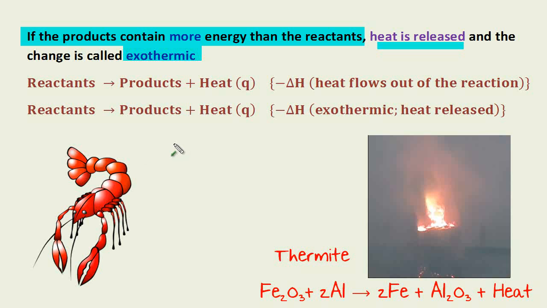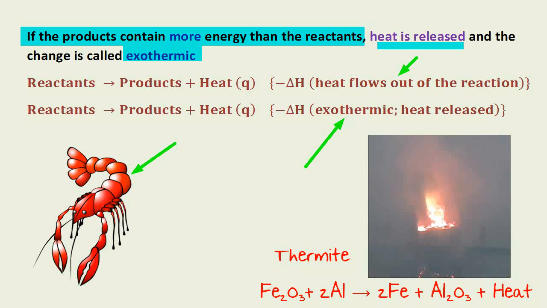Here's an example of an exothermic skeleton. It means on the outside, that's a lobster. And simply the reaction exothermic means heat is released or flows out of the reaction.